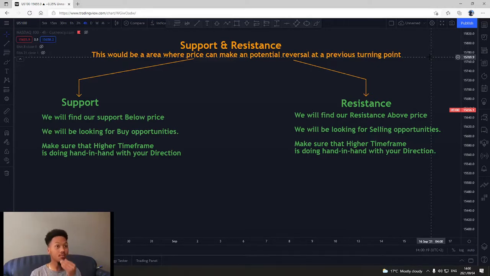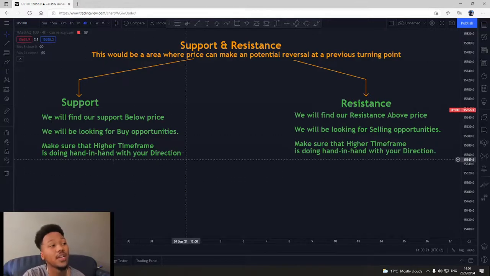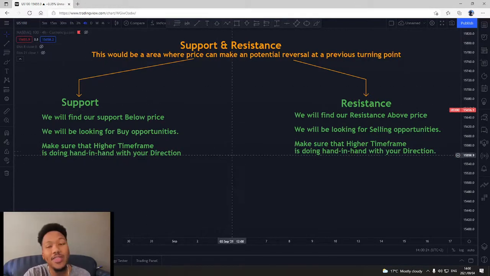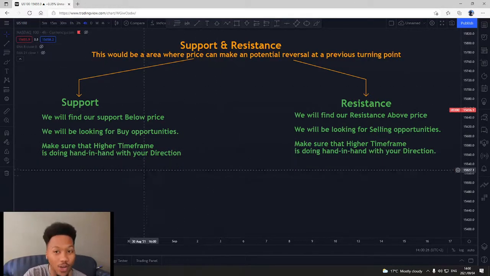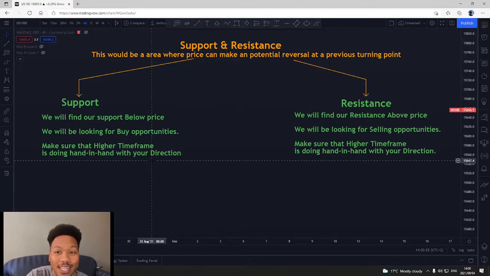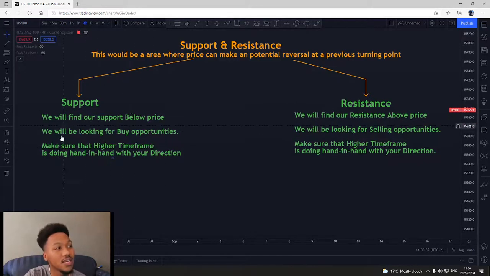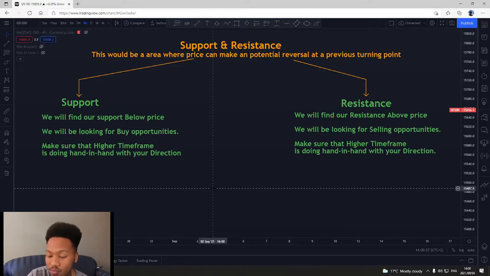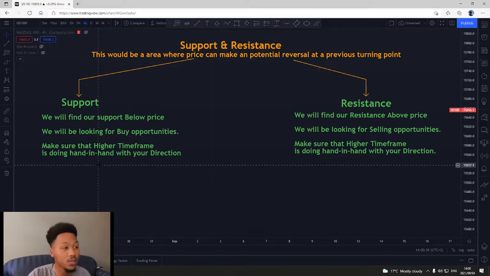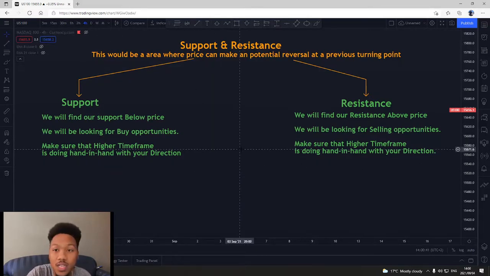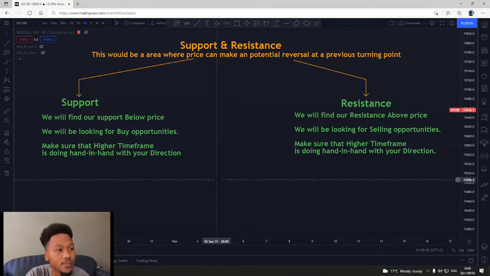Okay, so now let's step into our actual area of support. I only have 3 criteria, only 3. I'm not complicating this. We don't need to complicate trading. You'll find yourself asking, hey, where do I find these actual regions? Looking at our actual areas of support, we will always find them below price.